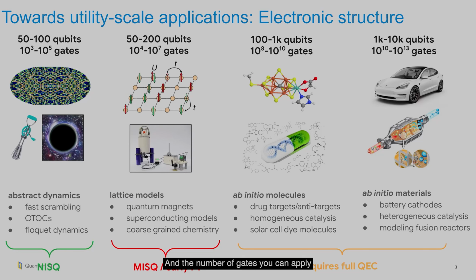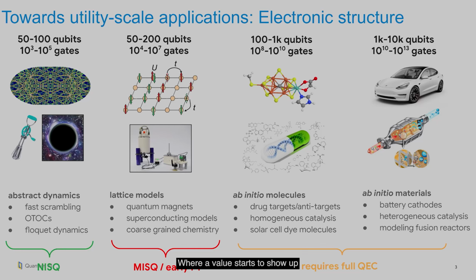The number of gates you can apply there is very much limited by either the physical error rate or very small error correcting codes. So these are toy examples. They are in no way utility scale. They serve as ways to benchmark progress and maybe to test early ideas, but they are still not yet at the level of generating value.